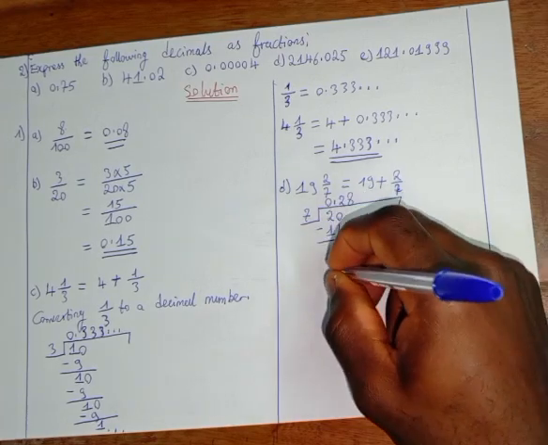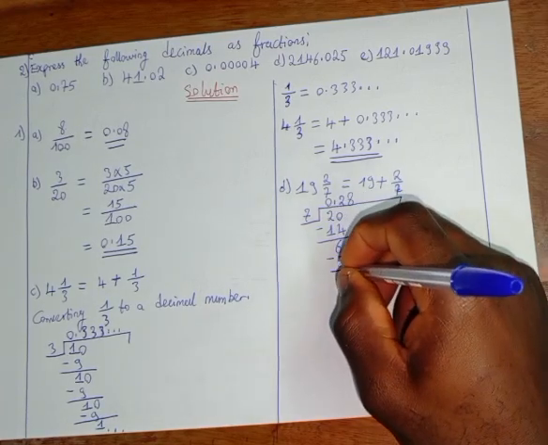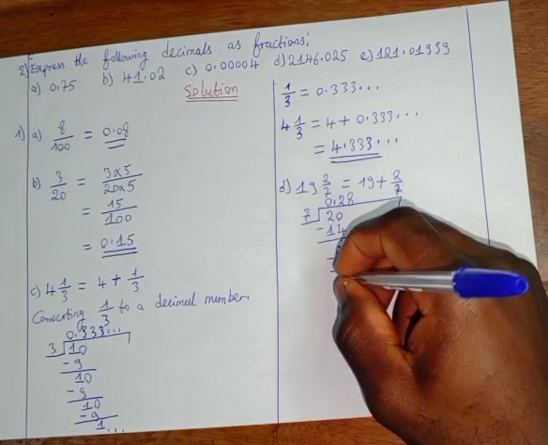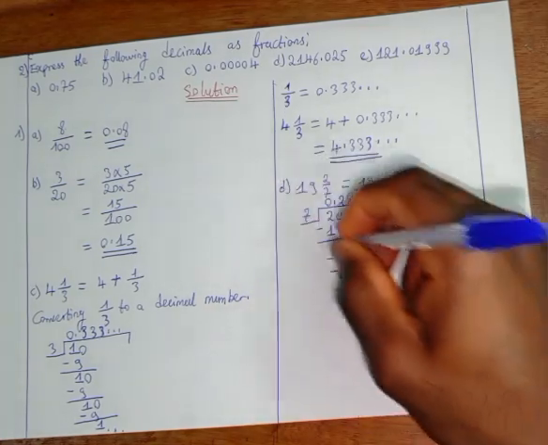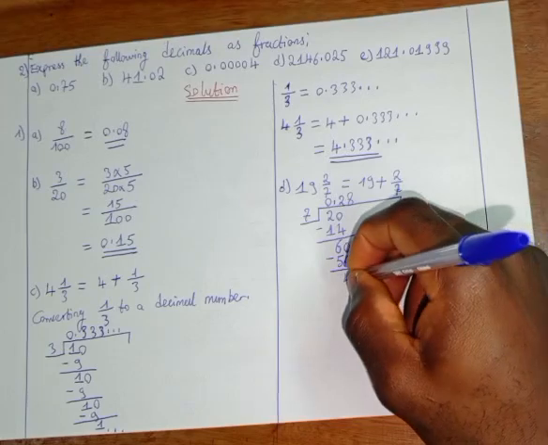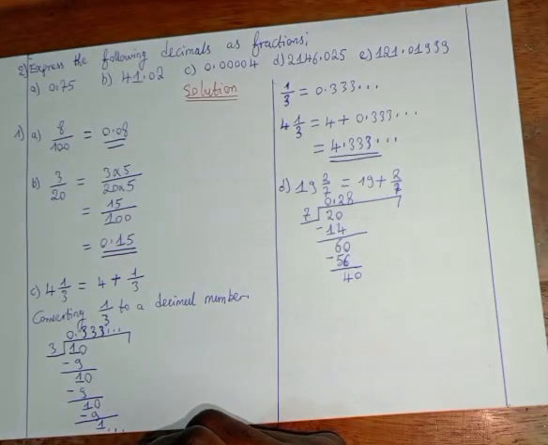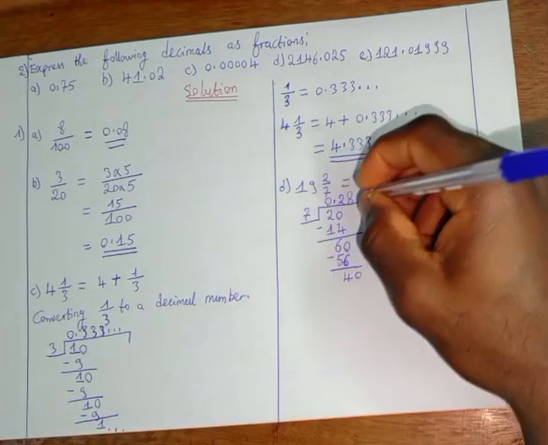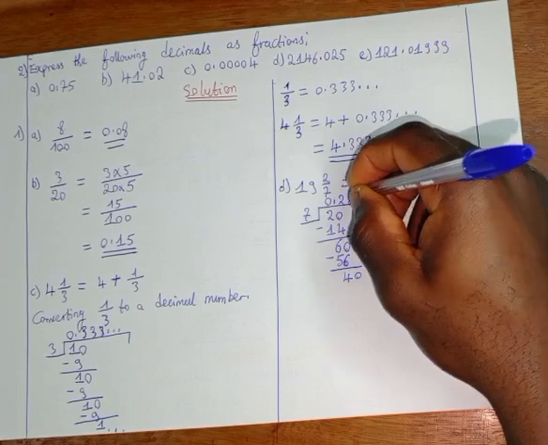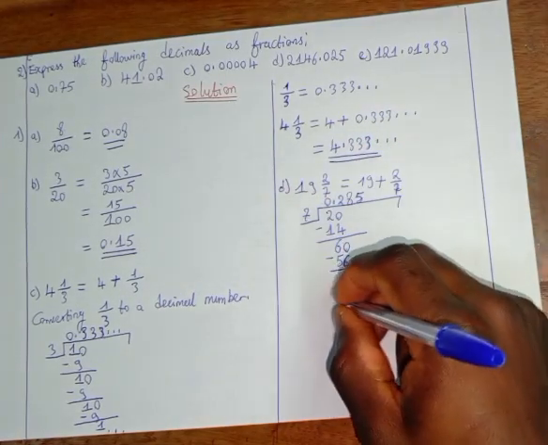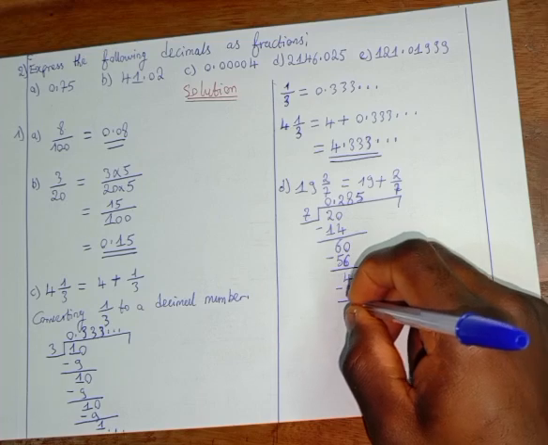We subtract 60 minus 56 gives us 4. 4 is less than 7. We're going to attach a 0 for the third decimal place. 40 divided by 7 will give us 5. 5 times 7 gives us 35. We subtract, this will give us 5.